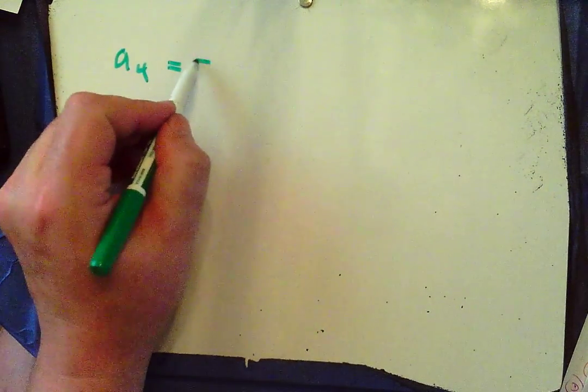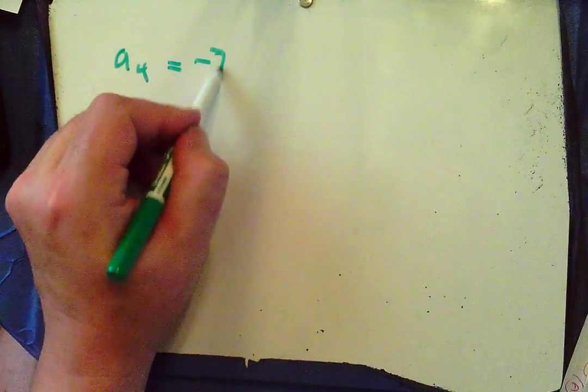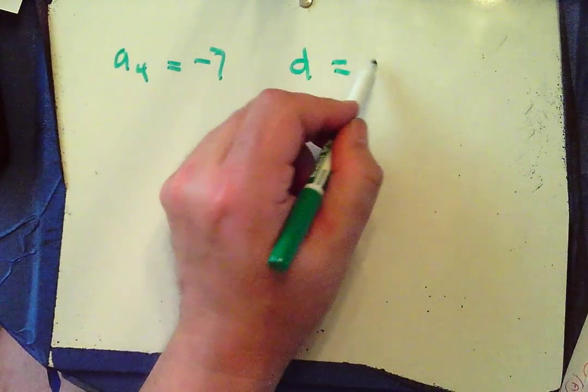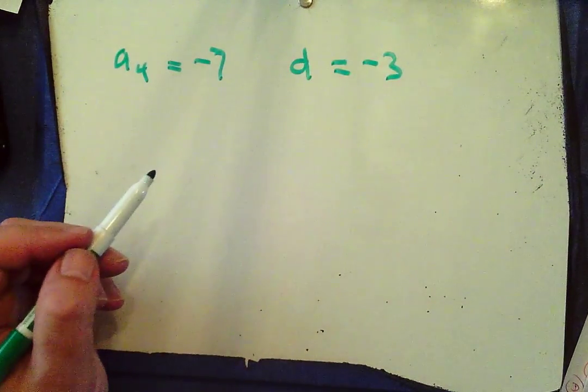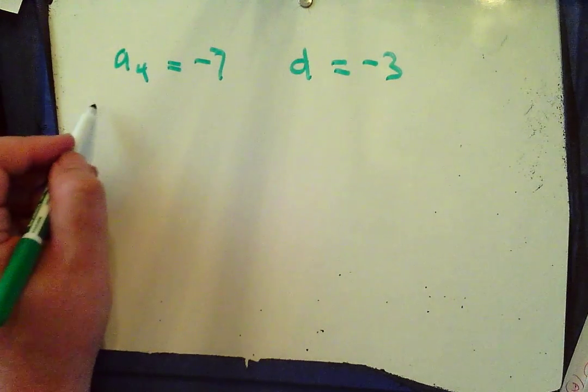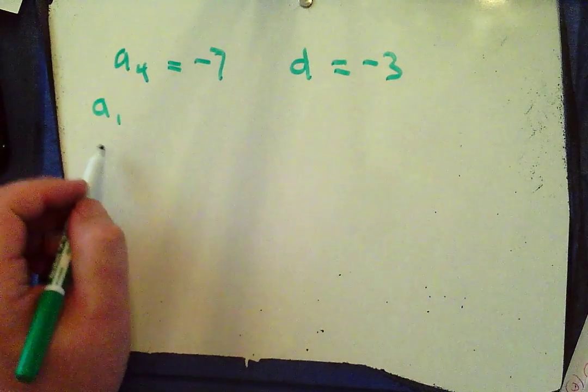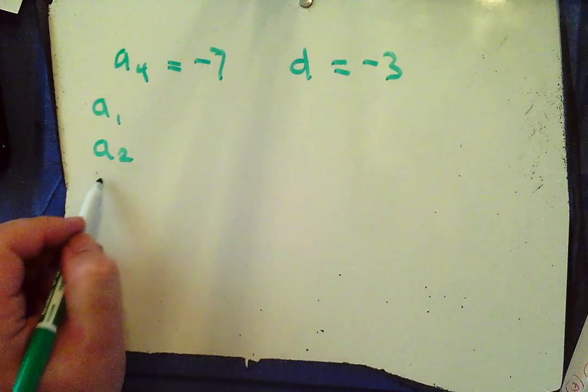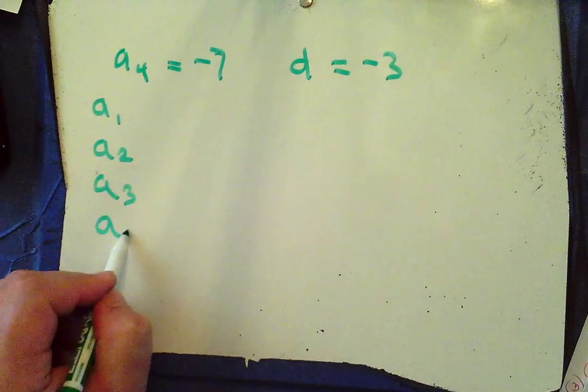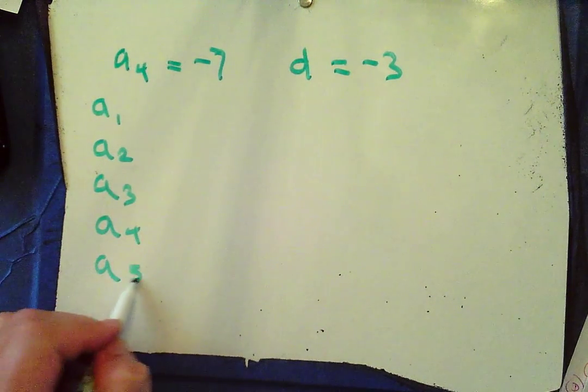So what if they tell us instead that a sub 4 is negative 7 and d equals negative 3? And we want the values of the first 5 terms. So we want a sub 1, a sub 2, a sub 3, a sub 4, a sub 5.